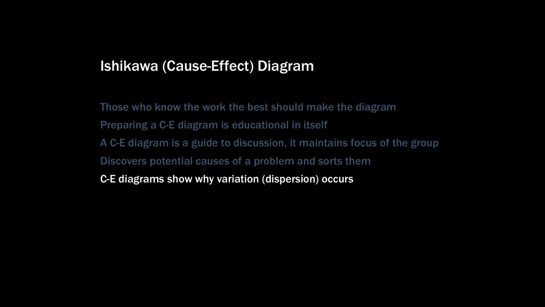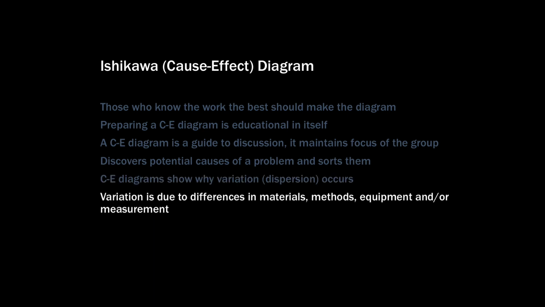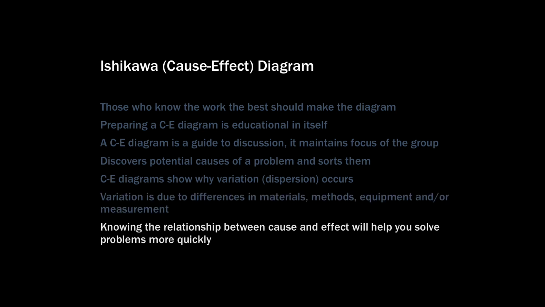And in manufacturing, variation is known as dispersion. We'll talk more about variation in the upcoming slides. But variation really is due to differences in 4 basic categories: materials, methods, equipment, and measurement. And understanding this relationship between cause and effect is simply going to help you solve problems much, much more quickly.